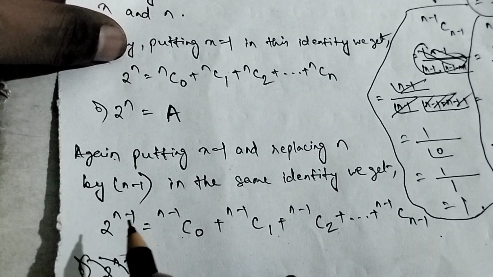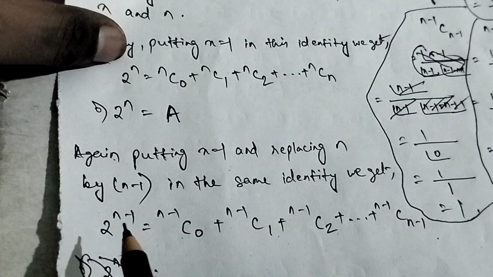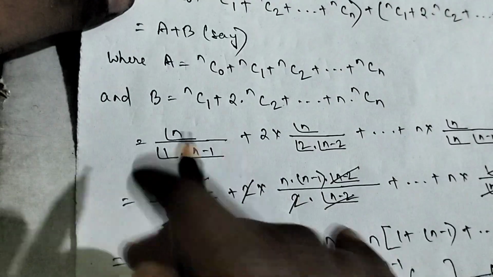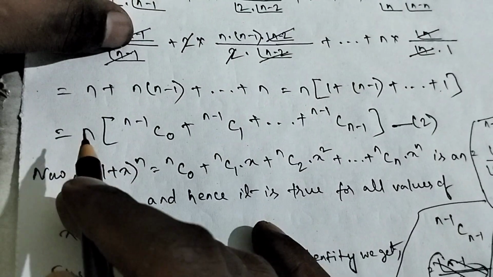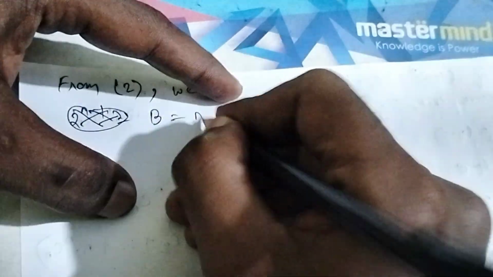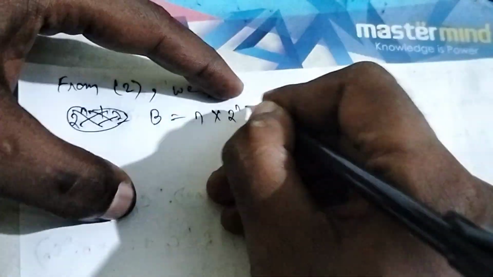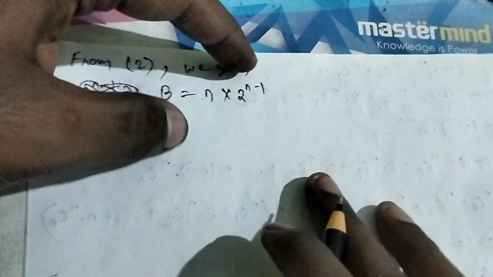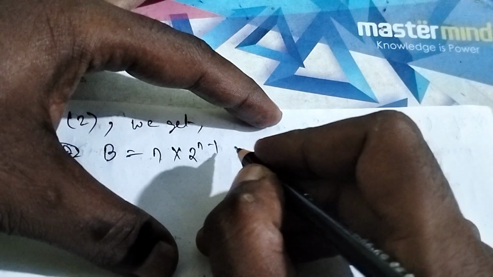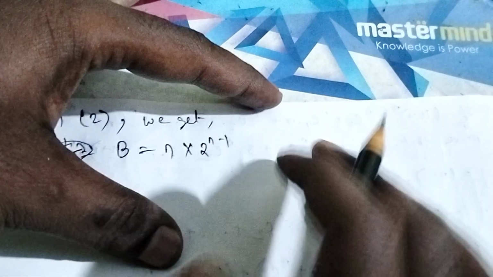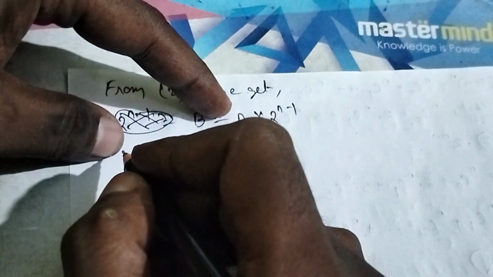This portion is equal to 2 to the power n minus 1. So from 2 we can write B is equal to n into 2 to the power n minus 1. Okay, so from here we can write like this: B is equal to n into 2 to the power n minus 1.